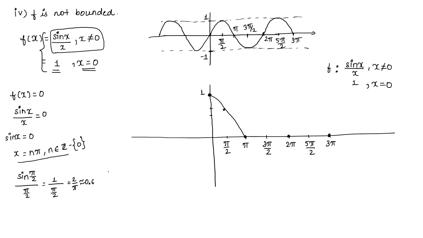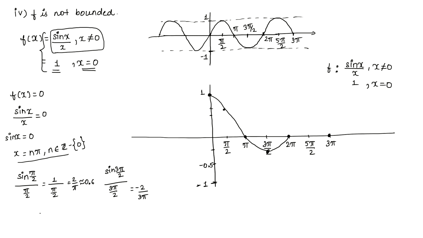At x is equal to 3 pi by 2, the function is taking the value sin 3 pi by 2 by 3 pi by 2, which is equal to minus 2 by 3 pi. So this is the value the function is taking at x is equal to 3 pi by 2. When we try to plot it, if this is minus 1, this is minus 0.5, somewhere here the point minus 2 by 3 pi will lie, and therefore the function will be behaving like this.